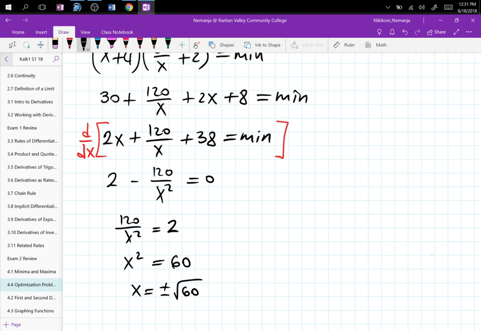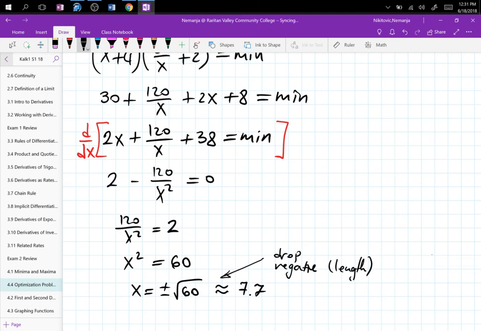The square root of 60 is 2 root 15, but we want some decimal approximation, which is about 7.7. Drop negative.